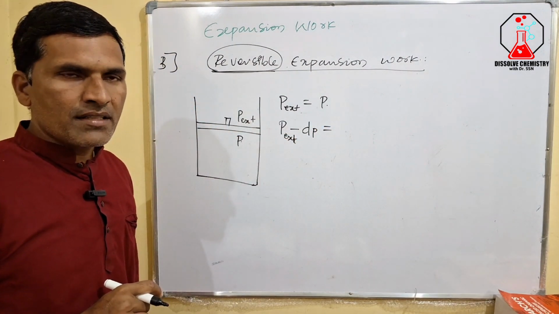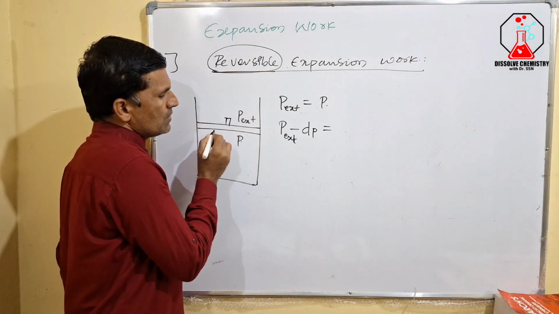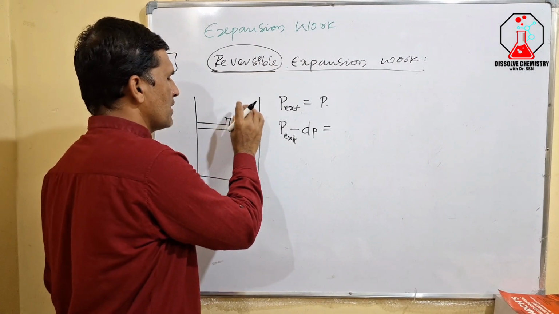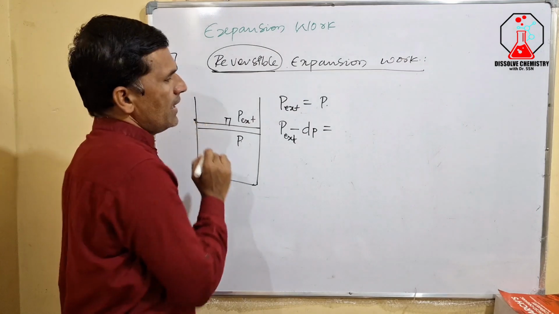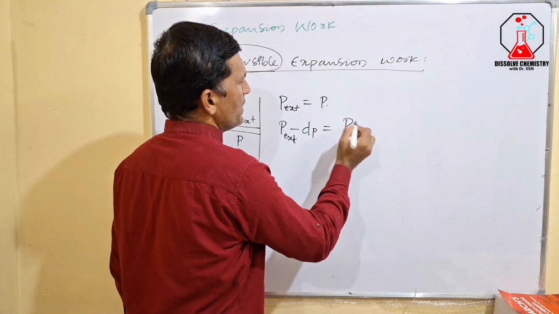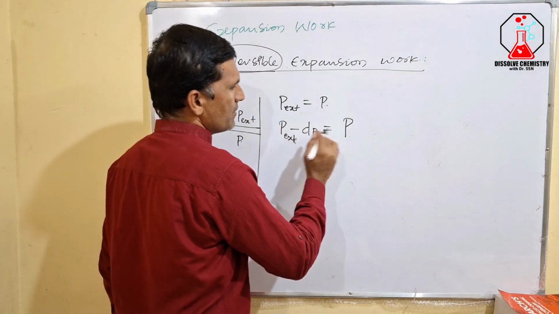So a small infinitesimal lowering of external pressure leads to slight expansion in the gas, which is equal to P external minus dP.